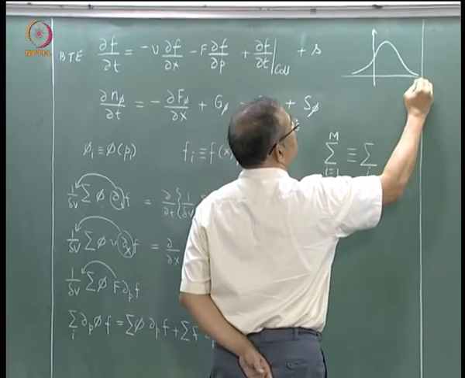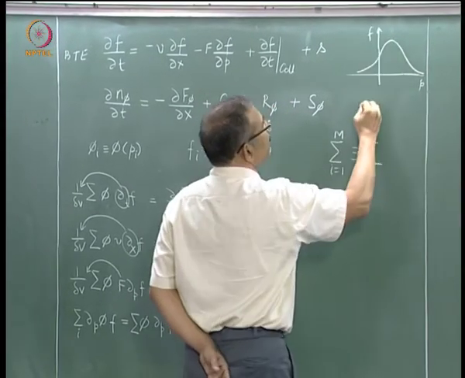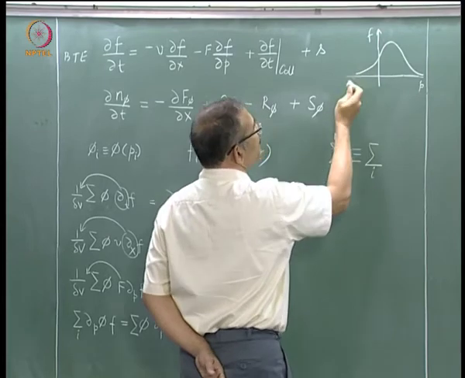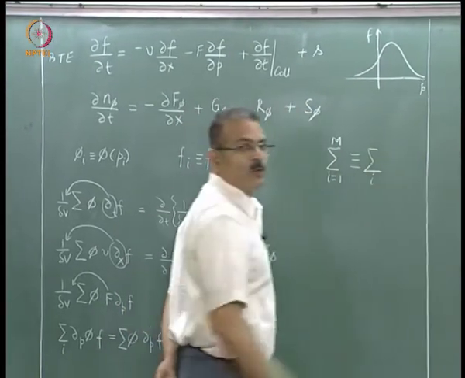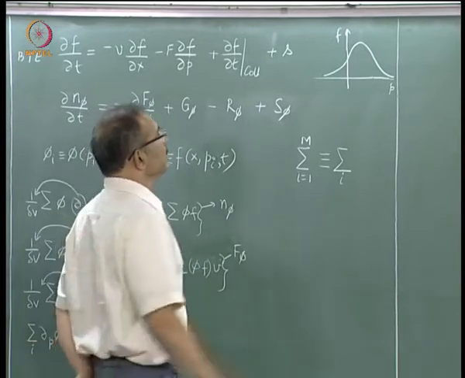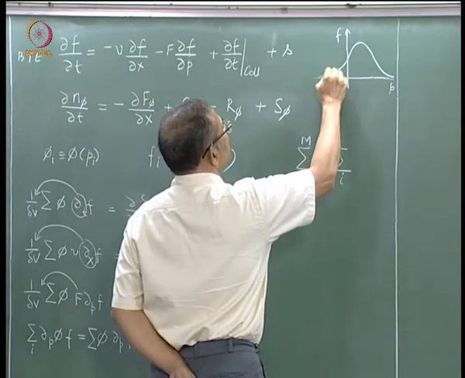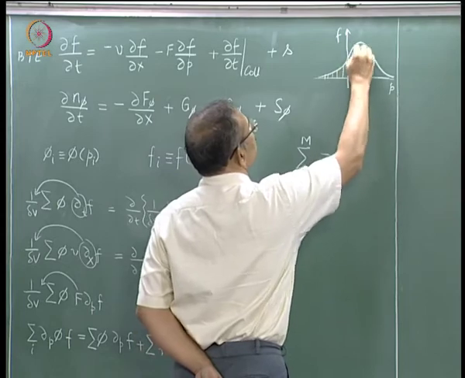This is the p axis and this is the f. Now if you take all the states, your states will extend from p equal to minus infinity to p equal to plus infinity in principle. So all these are your allowed states.